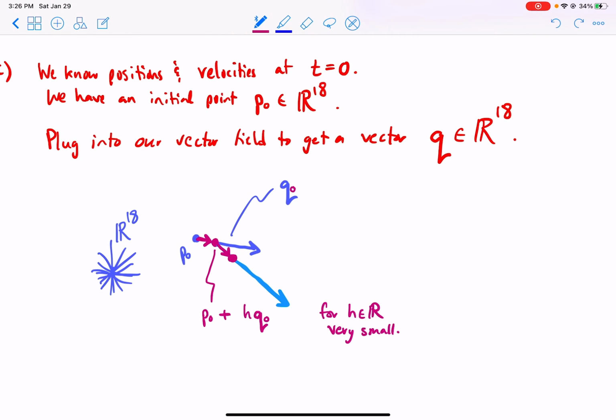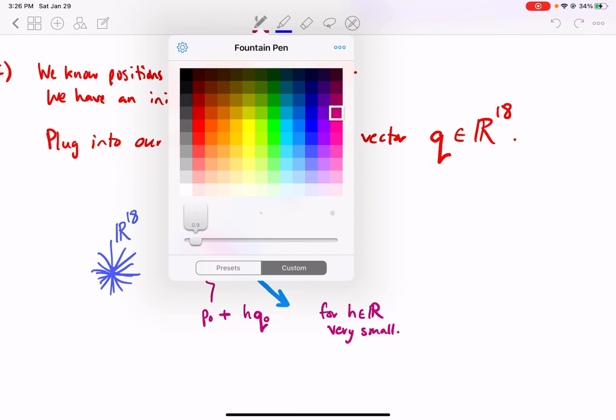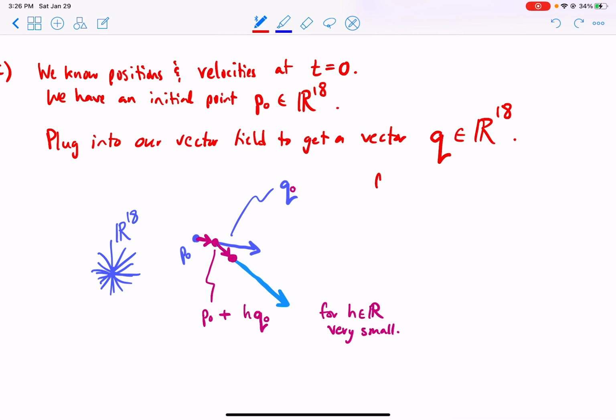Plug into our vector field to get a vector Q. And I'll say in words, move a very small amount to a new point, P naught plus HQ.